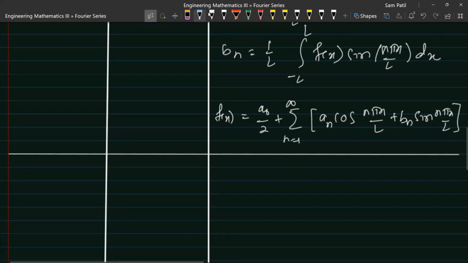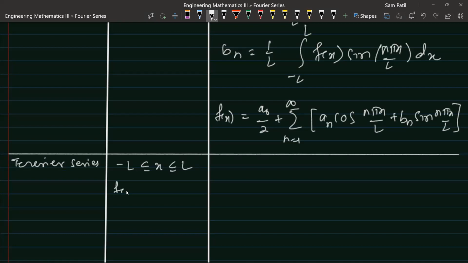Fourier series, again the name. Suppose the interval is minus L to L, and see what is happening here. Suppose the function is even, f(x) is even, then what happens?